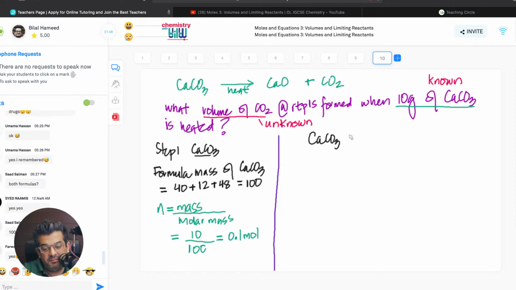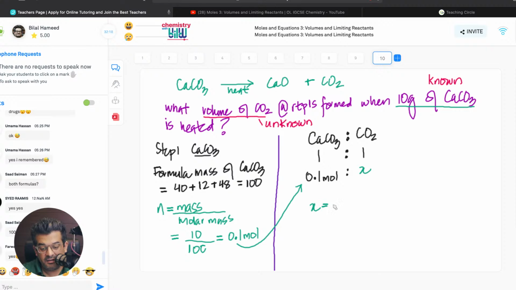So now my known is calcium carbonate and my unknown is carbon dioxide. And the ratio is what? 1:1, the coefficients. But I really have only 0.1 mole from the previous step.